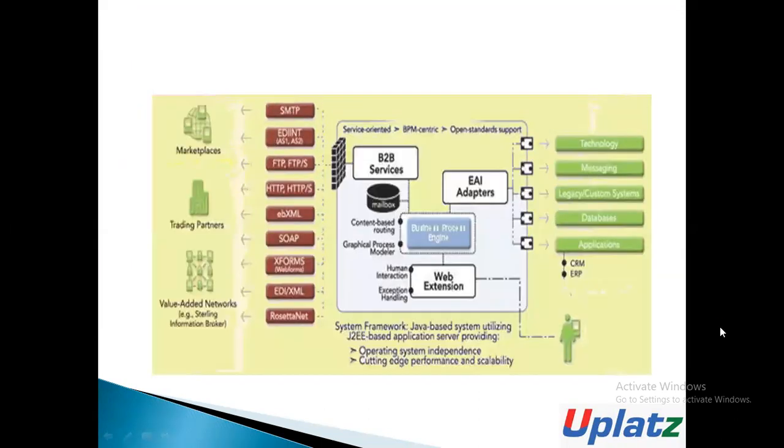Now this is a high-level architecture of Sterling Integrator. Let's discuss this Sterling B2B architecture. If you see the left side, there are different marketplaces, trading partners, and value-added networks, nothing but VANs.